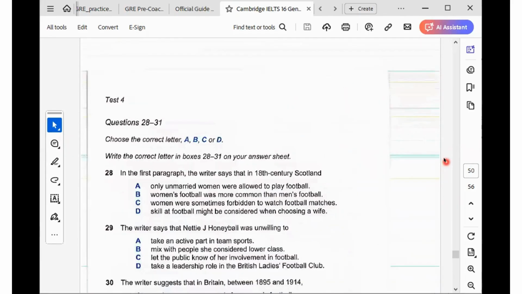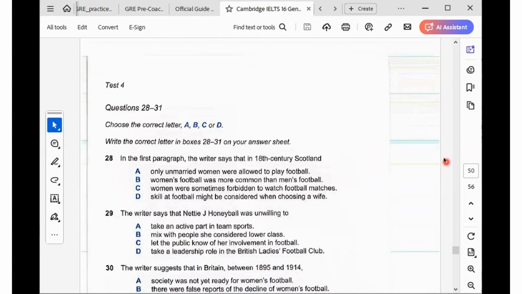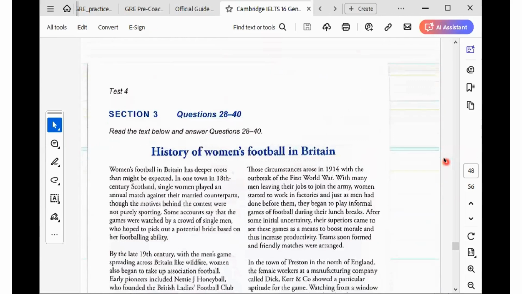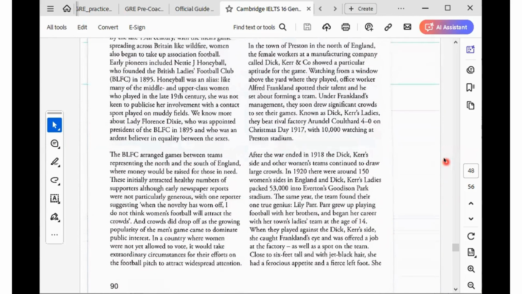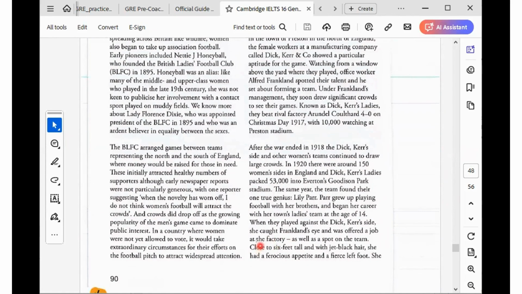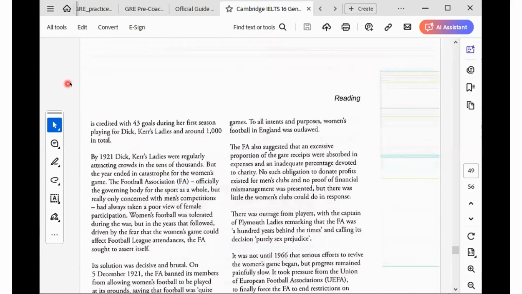So let me continue with this Dick Kerr. Let me see whether there's anything else for Dick Kerr. Close to 6 feet tall and with jet black hair, she had a ferocious appetite. She's credited with 43 goals.